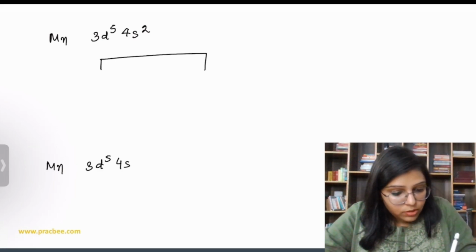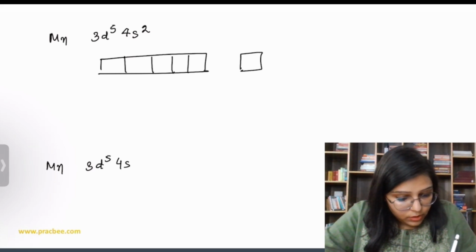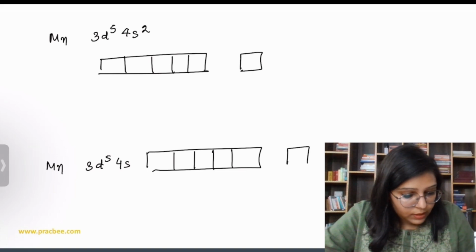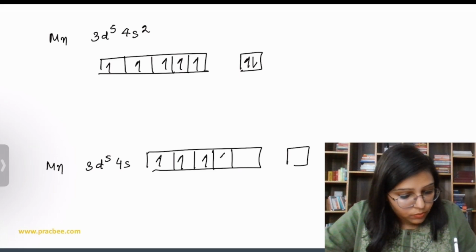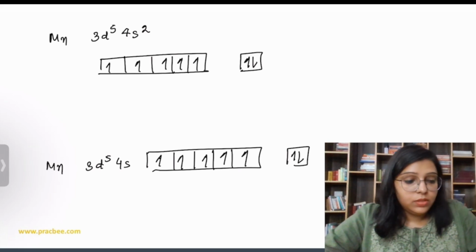So how to write down the structure? 1, 2, 3, 4, and this is 4s. And here again for this one I am writing 1, 2, 3, 4, 5 and then 4s2. Now CO here.